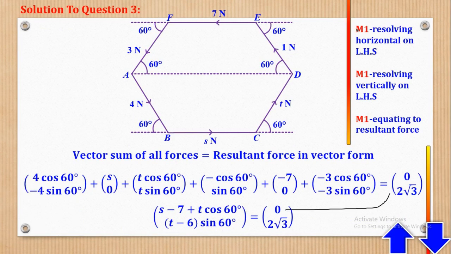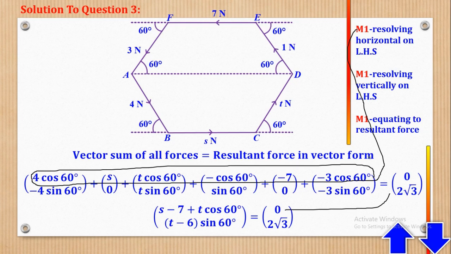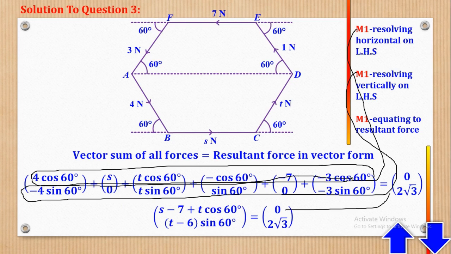So M1 is for resolving horizontally on the left hand side. So all these values have to be correct for you to get that M1. Another M1 is for resolving vertically for the left hand side. So all these values have to be correct for you to get that second M1.